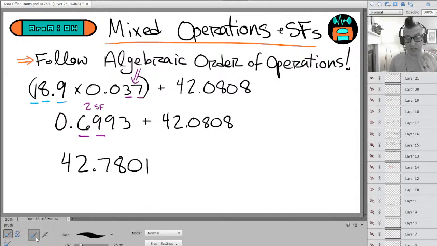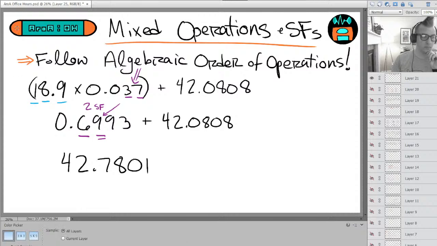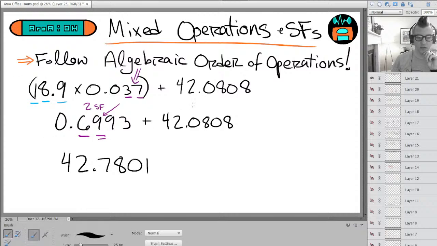All right, now I have to ask, what is the precision of my answer? 0.6993 has a precision that only goes to the second decimal place because that is the position of my last significant figure. 42.0808 has its last significant digit in the fourth decimal place.